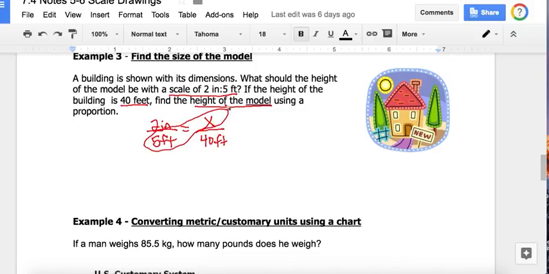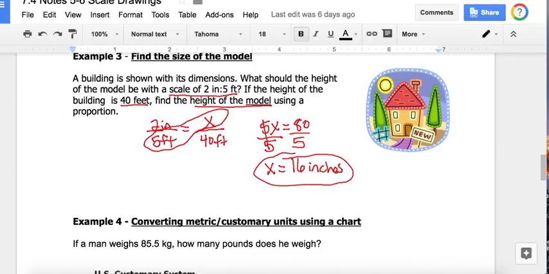Now, cross product, 5 times x is 5x, and 2 times 40 is 80. The opposite of multiplication is division. 5 divided by 5 is a 1 in disguise, and 80 divided by 5 is 16 inches.